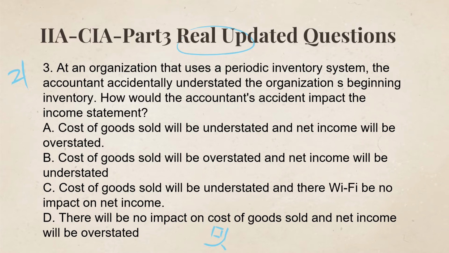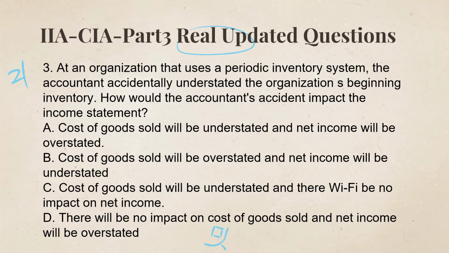3. At an organization that uses a periodic inventory system, the accountant accidentally understated the organization's beginning inventory. How would the accountant's accident impact the income statement? A. Cost of goods sold will be understated and net income will be overstated.